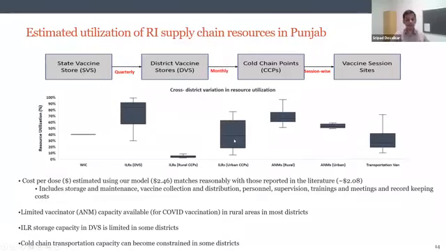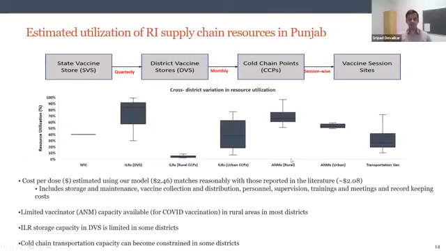The other thing to notice is that beyond variation in utilization of the same resource across districts, there is also considerable difference in the utilization of different resources. For example, the small ILRs deployed in rural cold chain points are used minimally across all districts together.